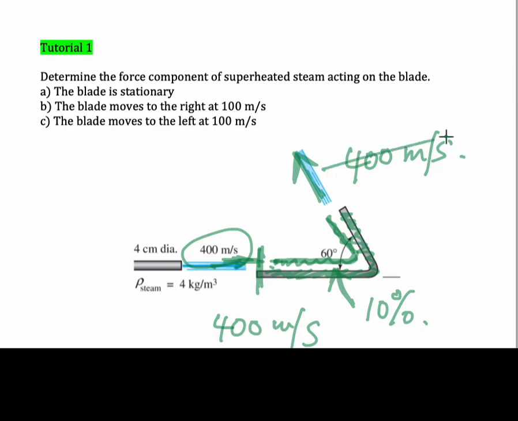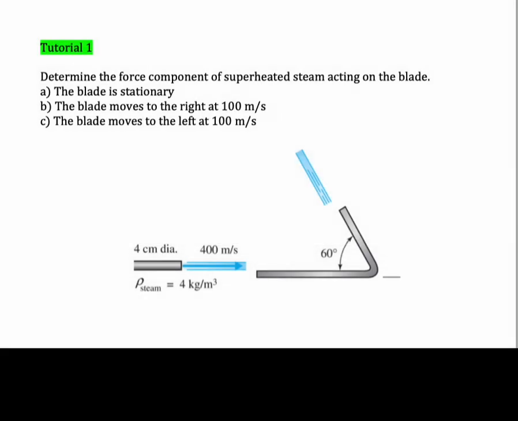At the outlet it may become 360 meter per second, because 10% of the kinetic energy will be used to overcome the friction. But normally we do not have that detailed an analysis for the momentum equation.